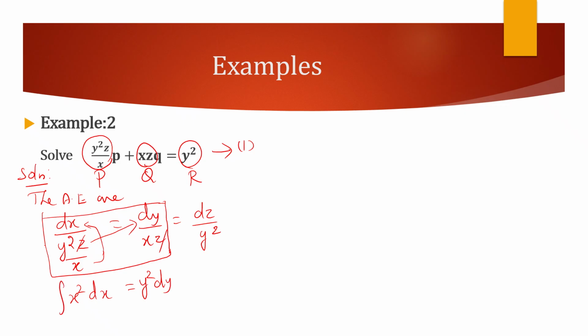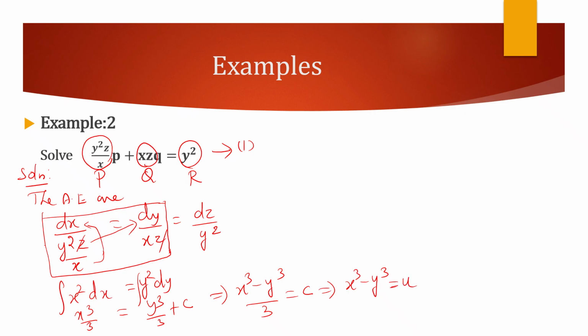Now integrating this gives x cube by 3 and y cube by 3, and the constant can be taken as some c. So x cube minus y cube by 3 is equal to c, and I can write x cube minus y cube as 3c. That can be taken as our first solution u.